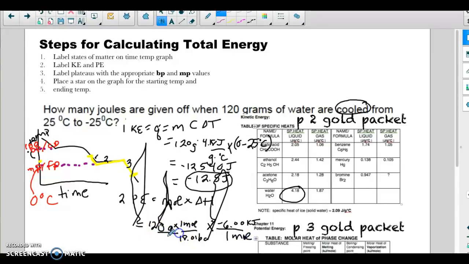And you can see the grams, the moles cancel. I'm in negative kilojoules again. And I end up with negative 39.96. So you could say negative 40 kilojoules.